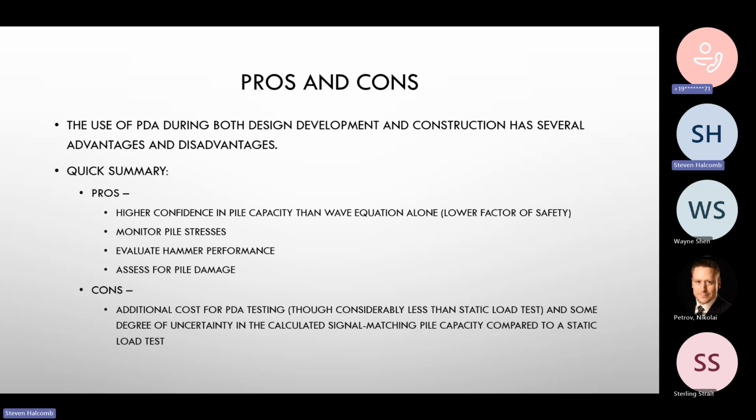Also, the pros are you can see how well the hammer is performing. You've got this theoretical energy impacting on the pile, based on the stroke height of the hammer and the hammer weight. You calculate, okay, it fell this high, it weighs this much, so you have this much energy.